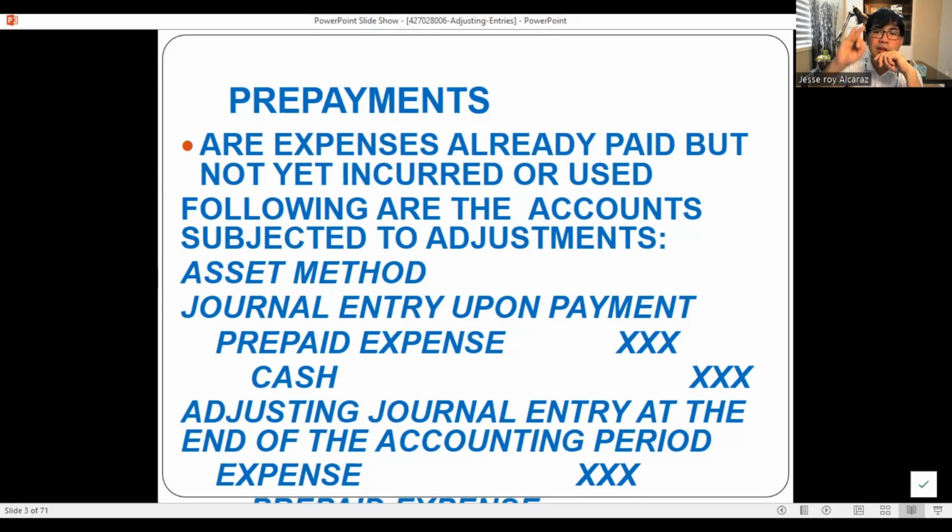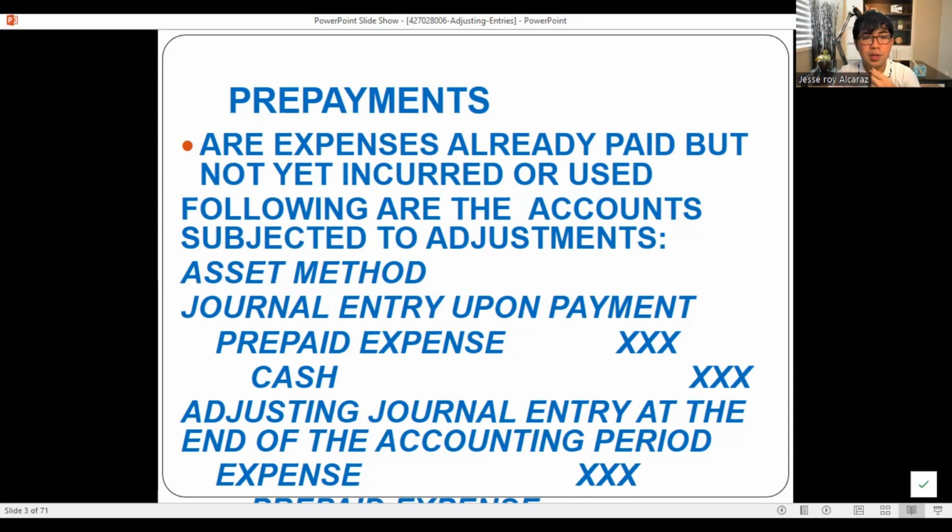But that advance payment and the deposit still pertain to rent expense. Since we paid in advance, we don't record it as an expense yet. Instead, we record it as an asset first, because it is still our money, but it is allocated for paying expenses in the future. That is what we call prepayments.